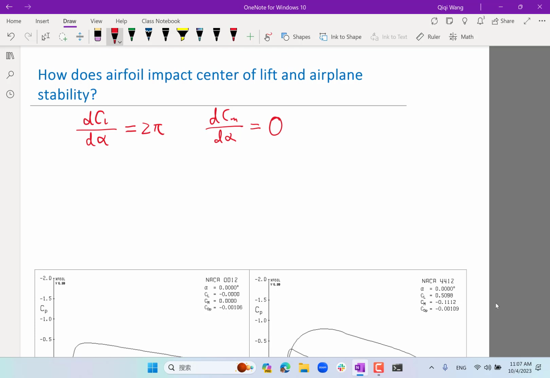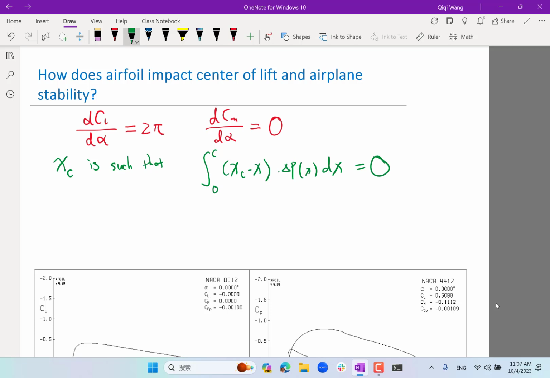All right. And then another thing we did is define the center of lift, right? The center of lift is defined such that the moment integrating the aerodynamic moment due to pressure of xc minus x delta p x dx would be equal to 0, right? So that's the definition of the center of lift.